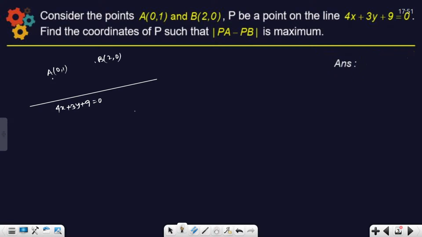Now the first step is to check whether these 2 points are lying on the same side of the line or on opposite sides of the line. Accordingly, we will find out the point P.